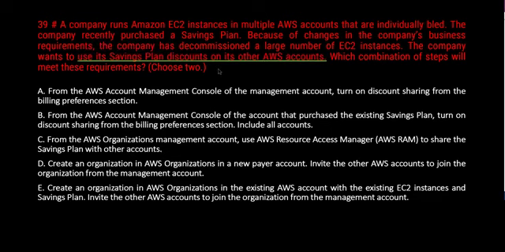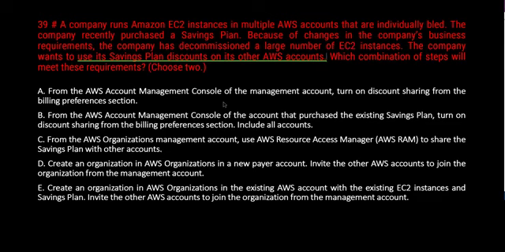Okay, so if you didn't understand the question, let me reiterate it for you. What they're trying to say is they have multiple AWS accounts in an organization, and that company purchased a savings plan. But due to some problems, the company is no longer doing some projects, and they had to decommission so many EC2 instances.